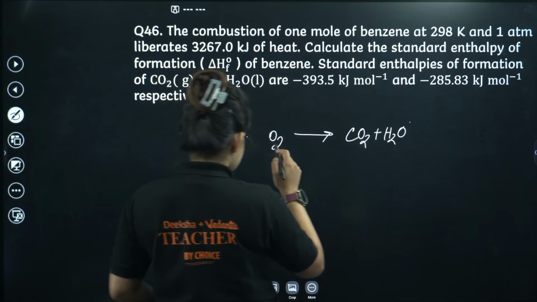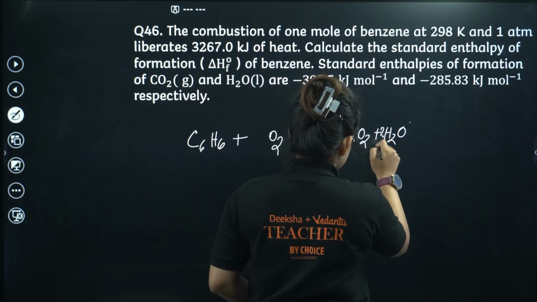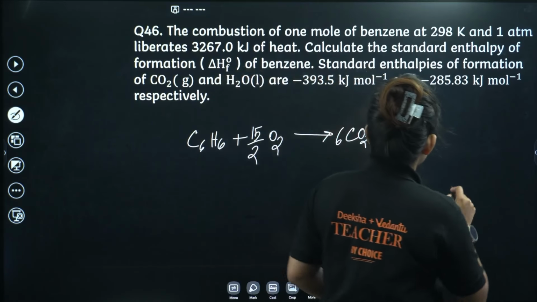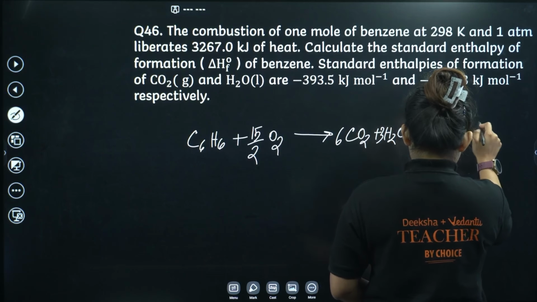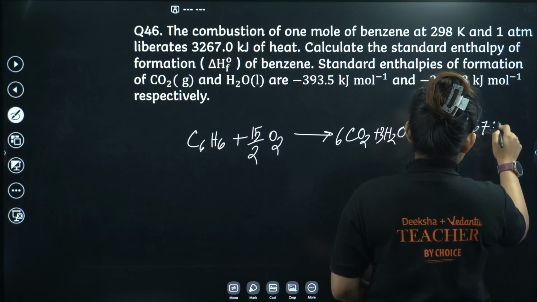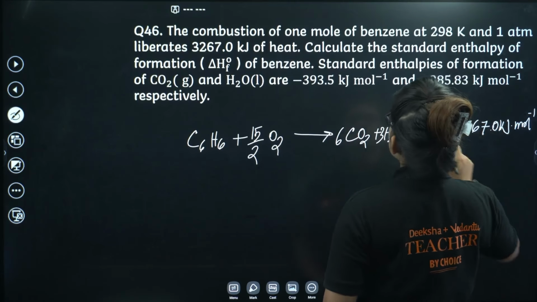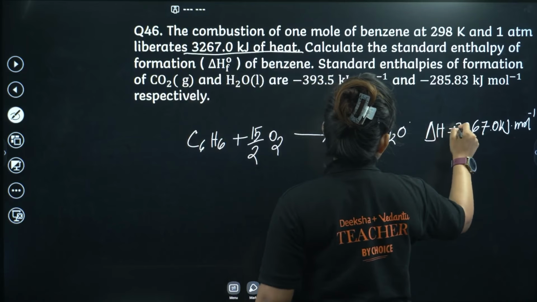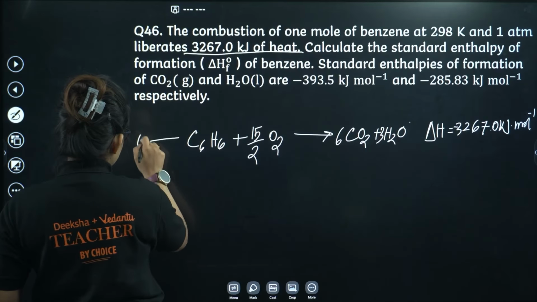If I balance it, it will be 6 CO2 and 3 H2O, and here I am getting 15 by 2 O2. Here delta H value is given as 3267.0 kilojoule per mole. Since it liberated this much heat, it should be minus, meaning exothermic reaction.